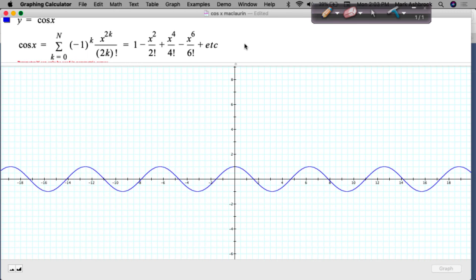We let j be 0, 1, 2, 3 on the non-zero terms, so we re-indexed it. When we first did it, we got zeros in between each, like a 0 for the x, and then 0 for the x cubed, and then 0 for the x to the 5th. Then we re-indexed it and got this.